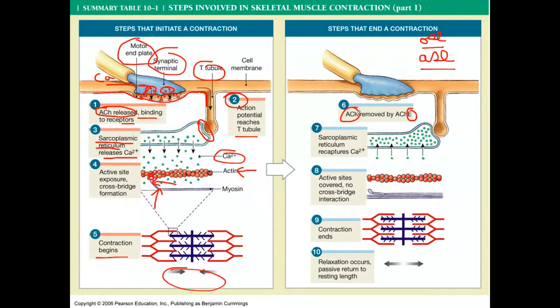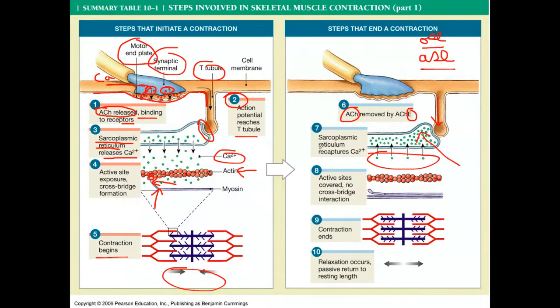And when it does, if there's no acetylcholine, then we don't have that excitation taking place. If there's no excitation going down the T tubule, then nothing is going to stimulate the sarcoplasmic reticulum. So what's going to happen to all that calcium? It's going to go back in here for storage.